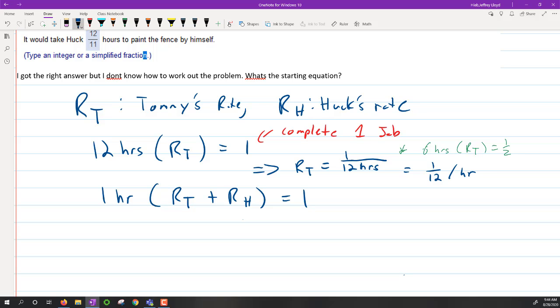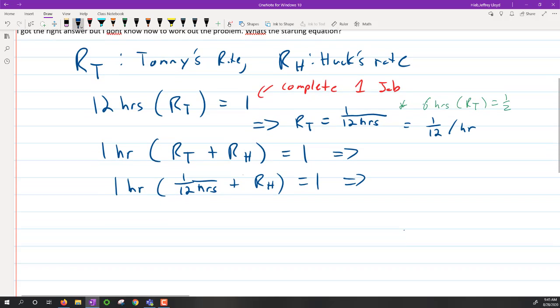All right, so now we're going to come down here. We're going to say 1 hour times the combined rates of the 2 is equal to 1. Now that I know R sub t, that means we have 1 hour times R sub t's rate, which becomes 1/12 per hour, plus R sub h, which is the unknown rate, is equal to 1. So what do we want to do? Obviously now it's just solve for R sub h.